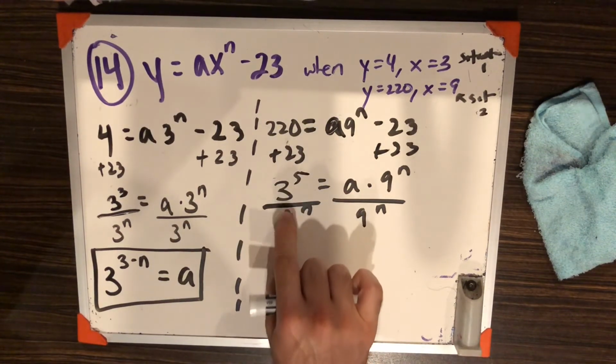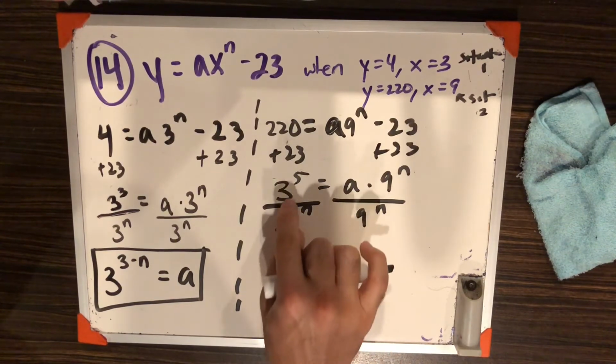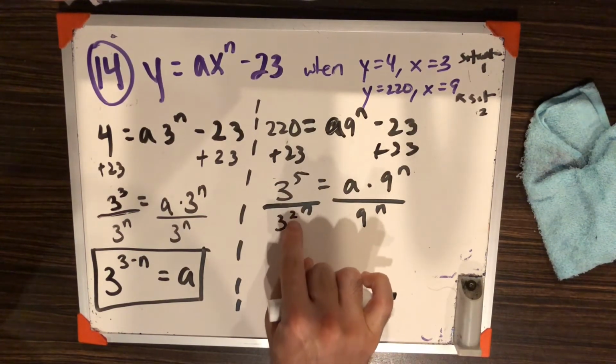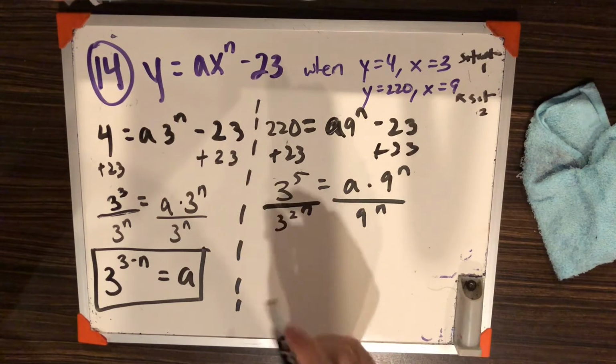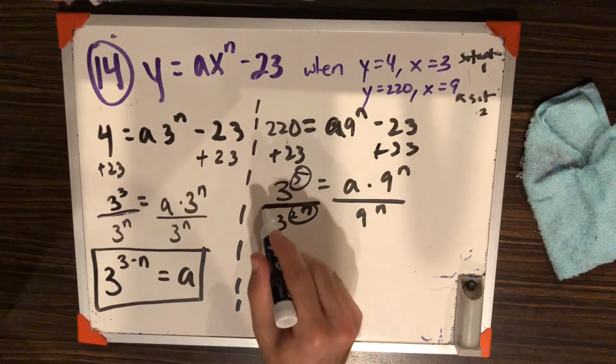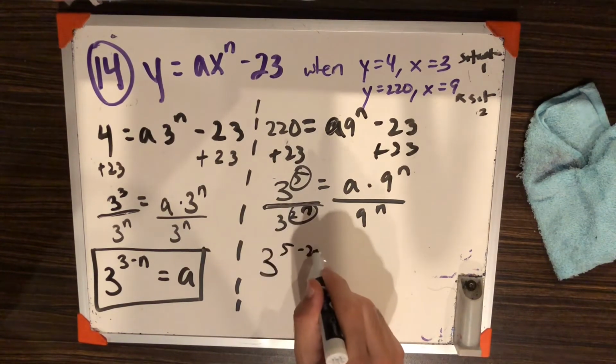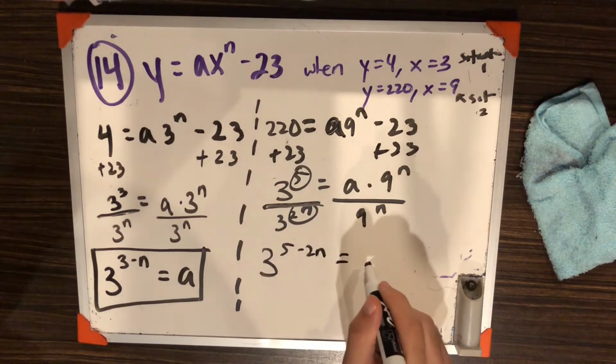I can change 9 into 3 to the 2nd power. So now I have 3 to the 5th power over 3 to the 2n power. I can subtract my exponents because I have the same base and I'm dividing. So 3 to the 5 minus 2n power is equal to a.